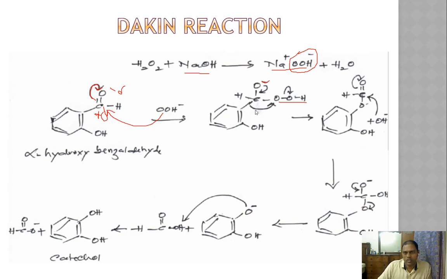From carbon it is going to shift to the oxygen, and this shifting is called 1,2-aryl migration. So this is 1,2-aryl migration.